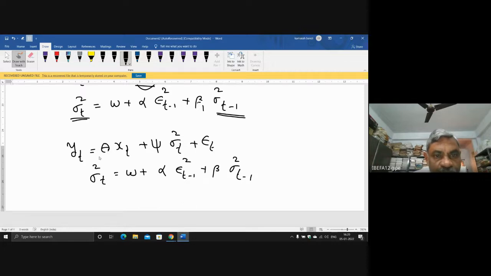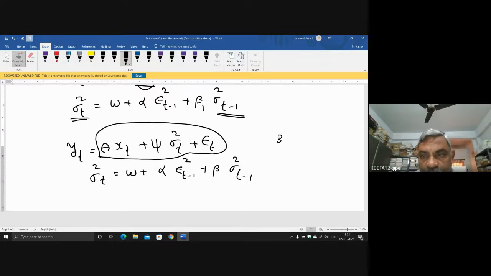Actually, what is this? In what way is the previous formulation different from this? If you look at the previous formulation, it is beta 2 sigma square t, right? But here, in addition, there is an exogenous term, that is xt. And what is that xt here?